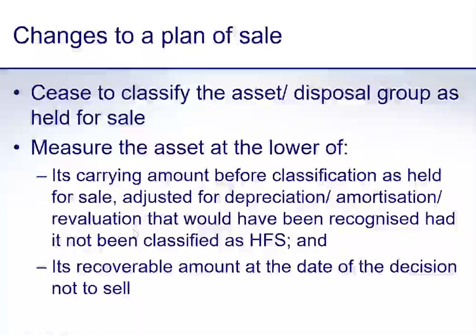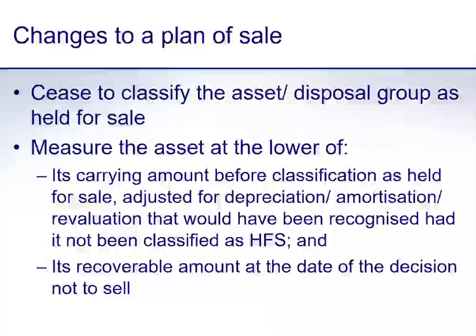If there are any changes in my plan to sell this asset, then at that point, I cease to classify the asset or the disposal group as held for sale. I no longer meet the criteria that we spoke about. And because I no longer meet the criteria, I need to go back and effectively reinstate the asset.